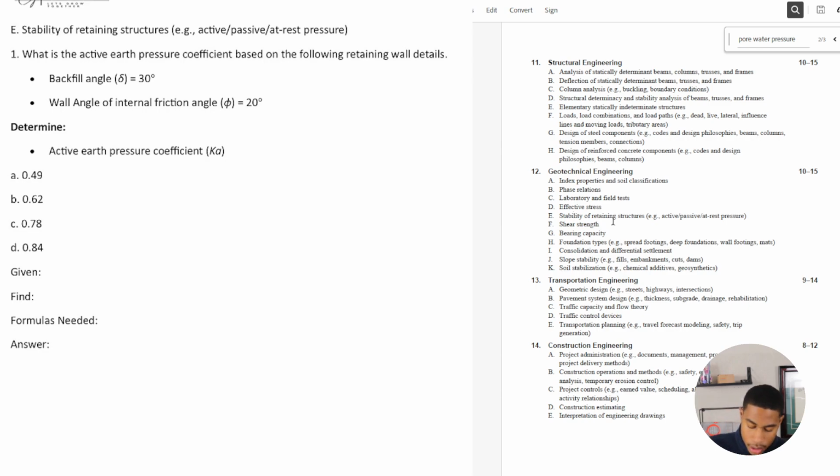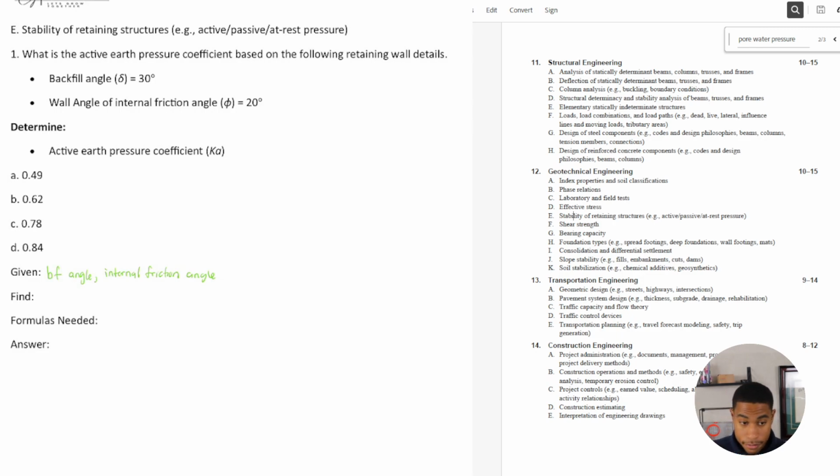Okay, so the given information that we have is they give us a backfill angle, and they also give us a wall angle of internal friction angle.